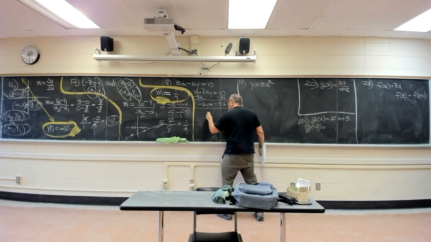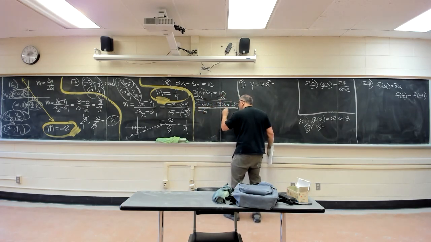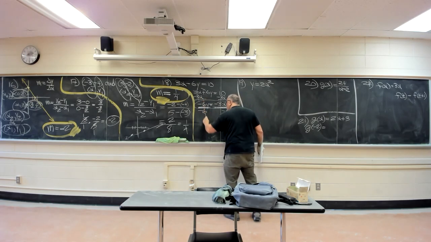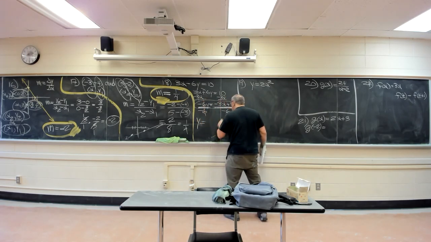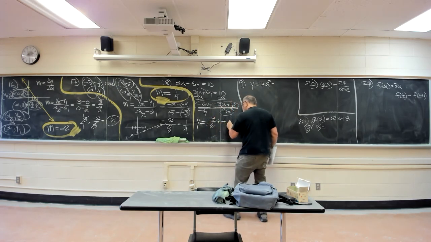Get to here. Divide by negative 6 on each side. That's negative over negative 6. That's 10 over negative 6.